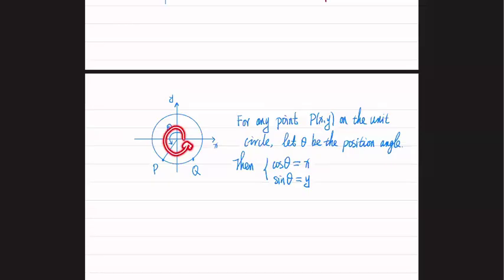What's the whole angle? 360. So this is defined for the fourth quadrant too.